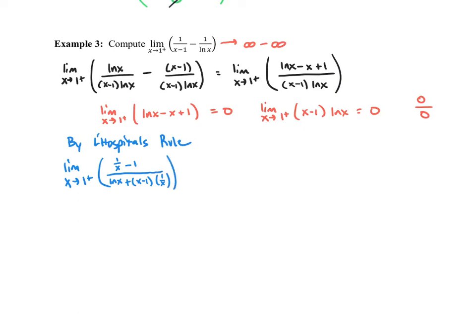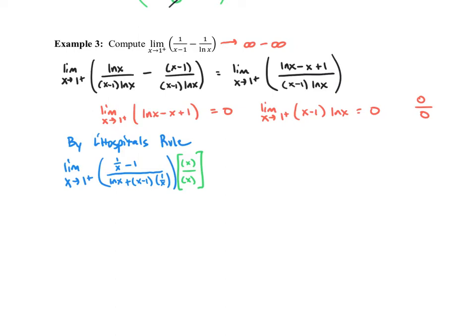Now we do have a complex fraction here because we have multiple fractions within one fraction. So one of the easiest ways to simplify this is to multiply both the numerator and denominator by x divided by x. What that's going to do is clear these fractions that are within the fraction.